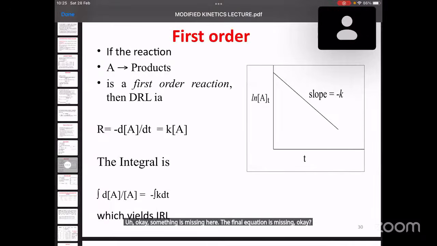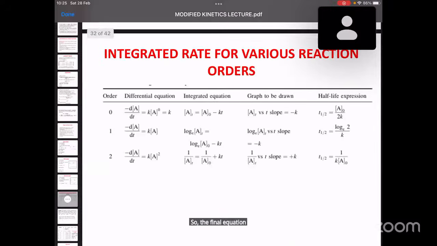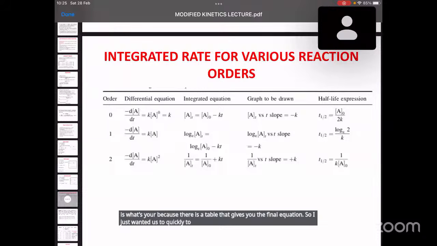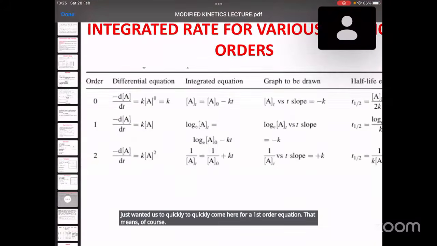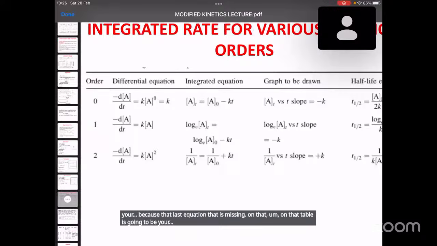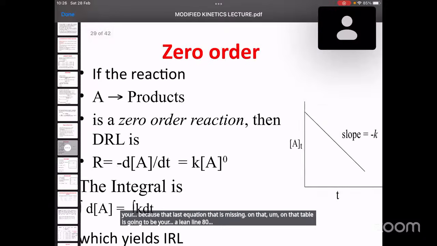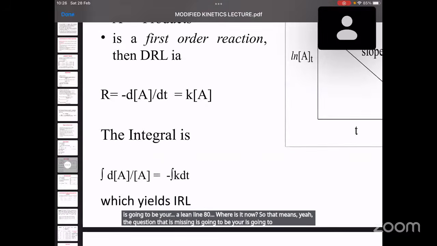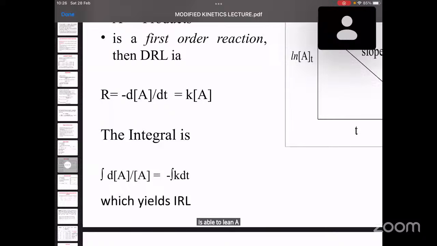Okay, so the final equation, so that I don't lose you, is in the table that gives you the final equation. For a first order reaction, the equation that is missing from the table is ln[A]t is equal to ln[A]0 minus kt. ln[A]t is equal to ln[A]0 minus kt.